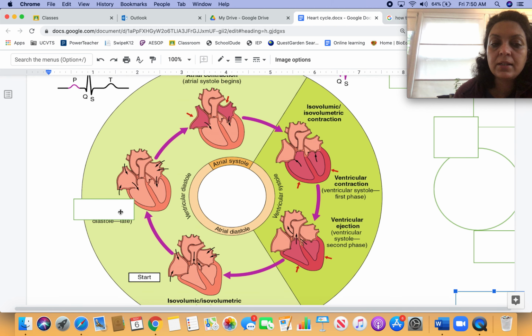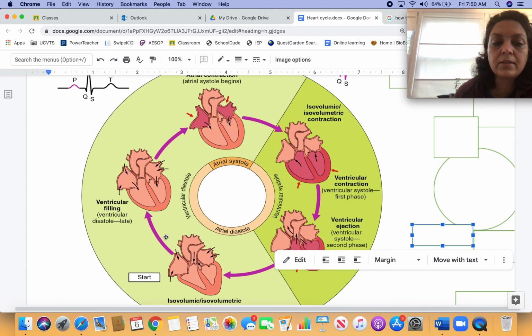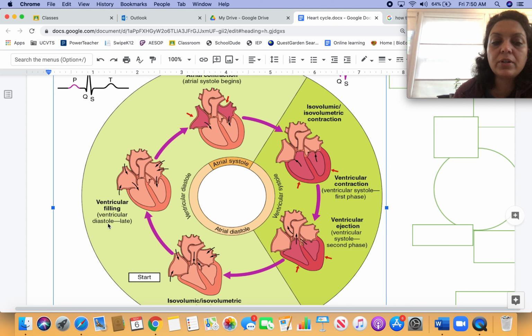And the second phase of the ventricular diastole would be the ventricular chambers filling with blood. Okay, so this is the later phase. At this point, the blood is coming in, so the volume is increasing. So this third wave, the little T wave, is because of the opening up of the chamber of the ventricle and slight relaxation. So you get this last T wave.